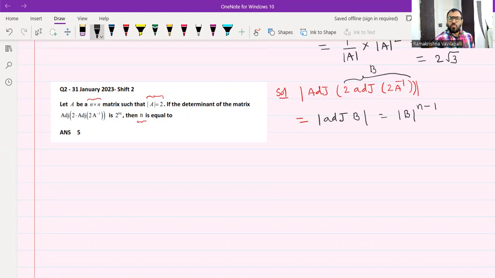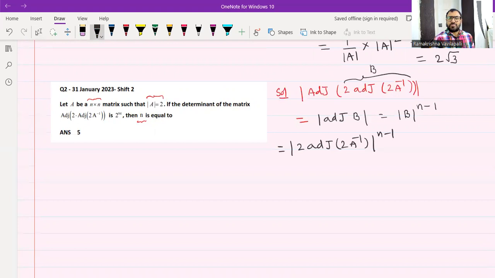Now what is det B? The determinant of B is nothing but the determinant of 2 times adjoint of 2A inverse, whole to the power of n minus 1. Here I have substituted the B matrix, which is 2 times adjoint of 2A inverse.